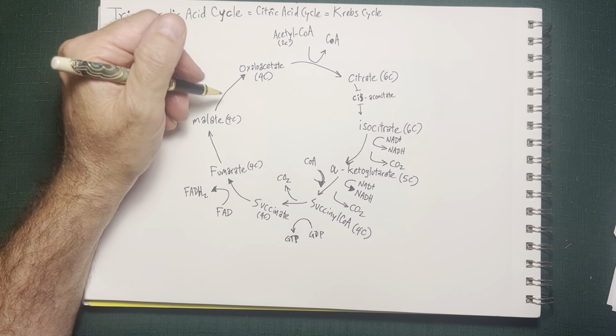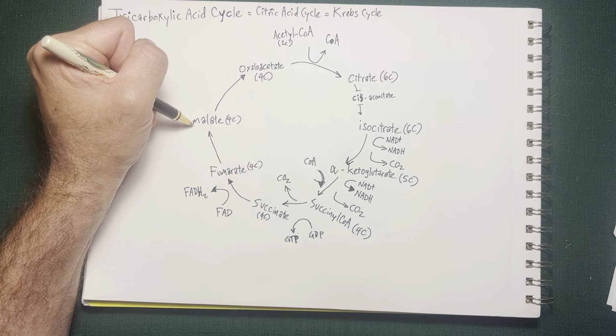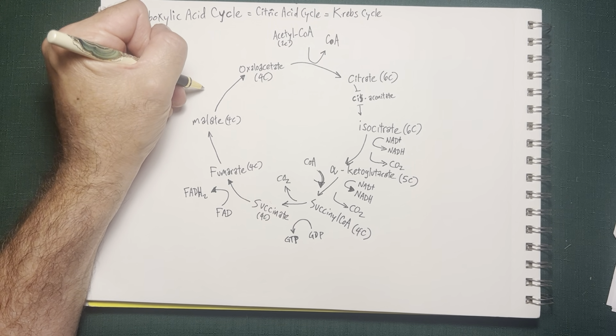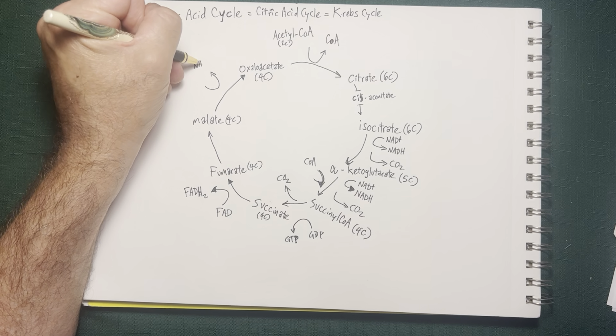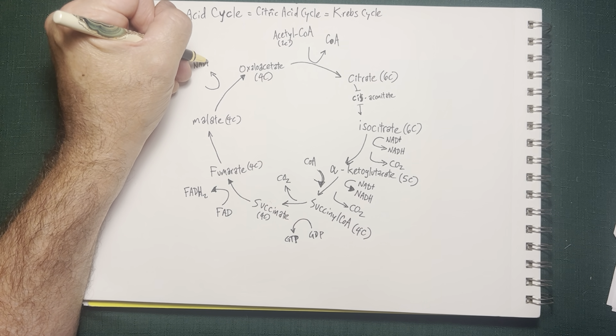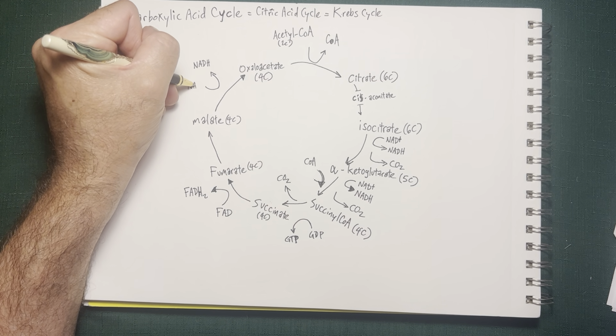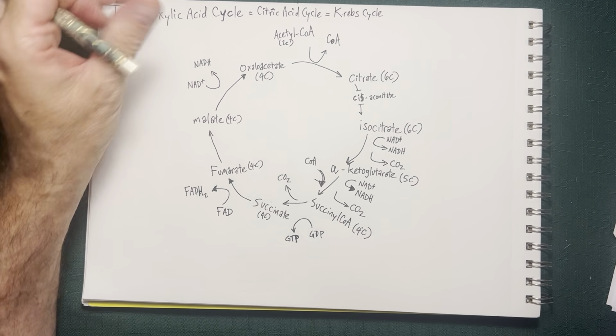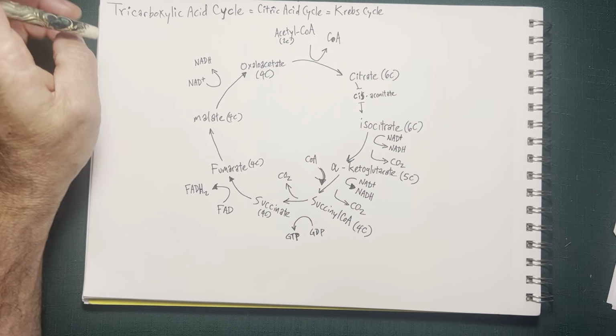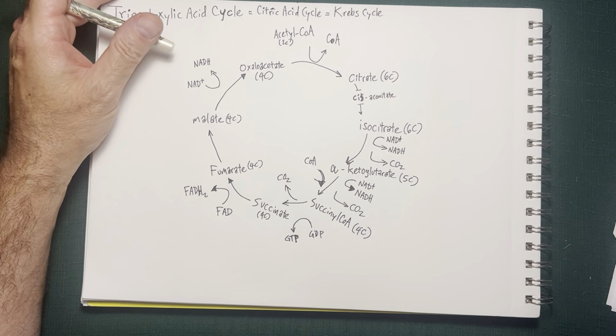And our last step is going from malate to oxaloacetate. And here at this step, one more time, we're going to harvest some electrons. We're going to produce a third molecule, 1, 2, 3 molecules of NADH.